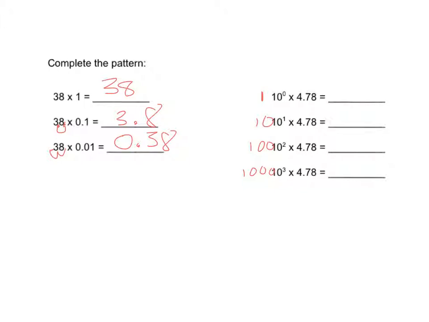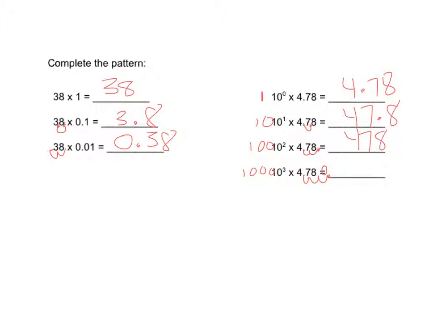Okay, and then we should be able to get our multiplying in once we've got those figured out. So 10 to the 0 power times 4 and 78 hundredths is just that 4 and 78 hundredths. 10 to the first power times 4 and 78 hundredths is going to move my decimal over one place, so 47 and 8 tenths. 10 to the second power is going to move my decimal over twice, 478. 10 to the third power is going to move my decimal over 3 places.